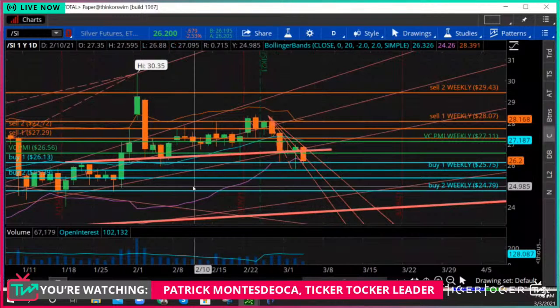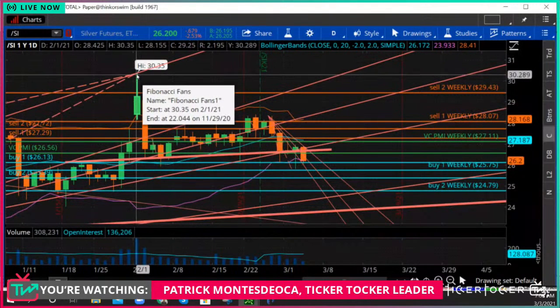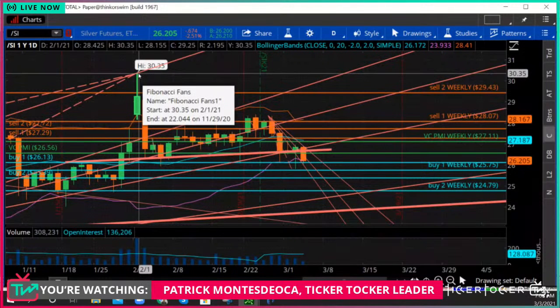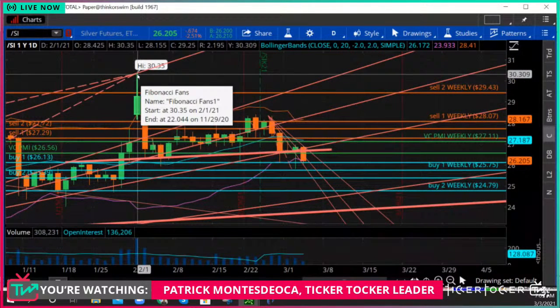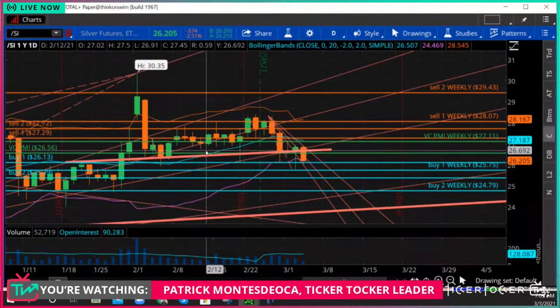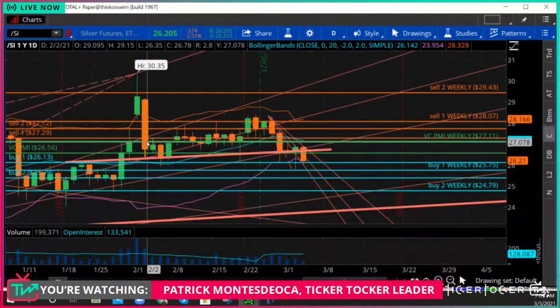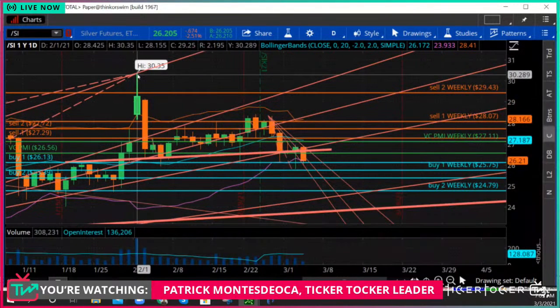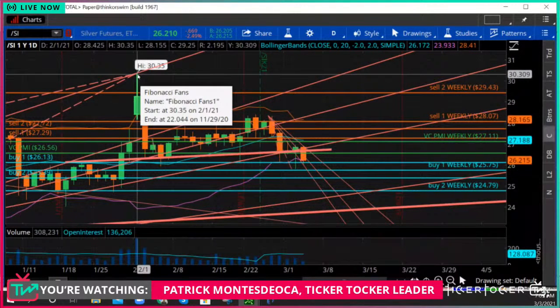So if we see the price coming up to 30.35, as it did here on the news of this Reddit short supply on February the 1st, what the market did is it discounted that news and reverted to its equilibrium price that you see here, where we've been trading around. And anybody that bought up here obviously got slaughtered.